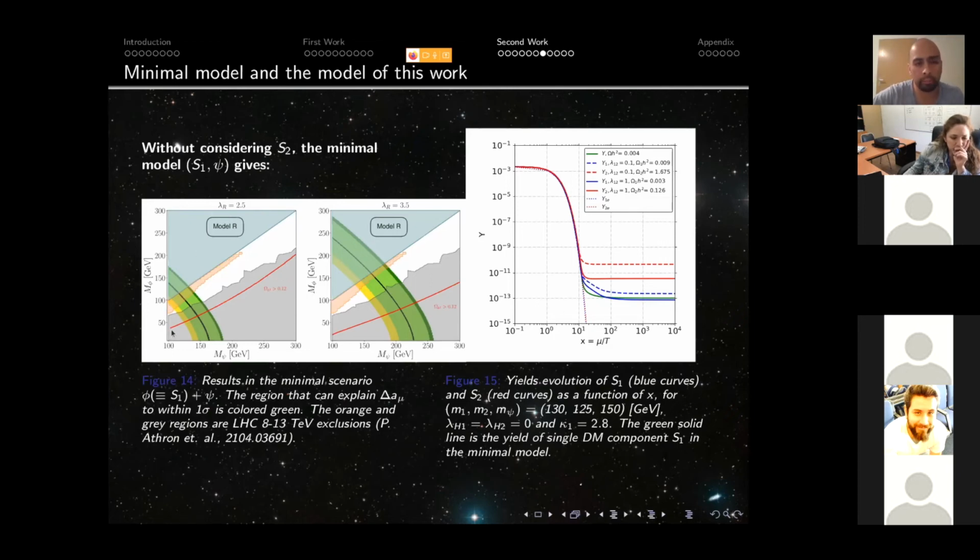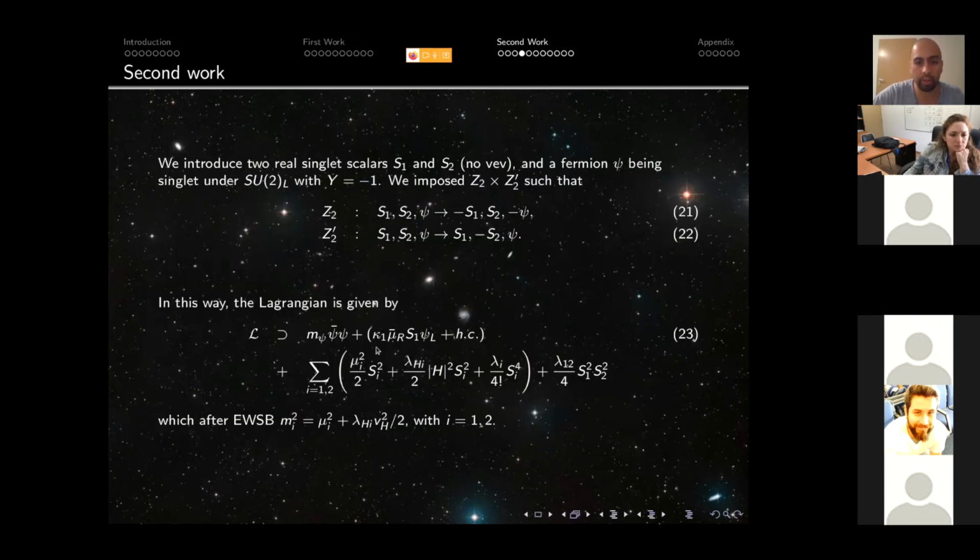So when you have only that, you can see here in the plane of the masses, M phi corresponds to the mass of S1 in our language. The red curves give you the correct relic abundance. Lambda r is our kappa, sorry for the differences in nomenclature, it is basically the Yukawa-like coupling here.